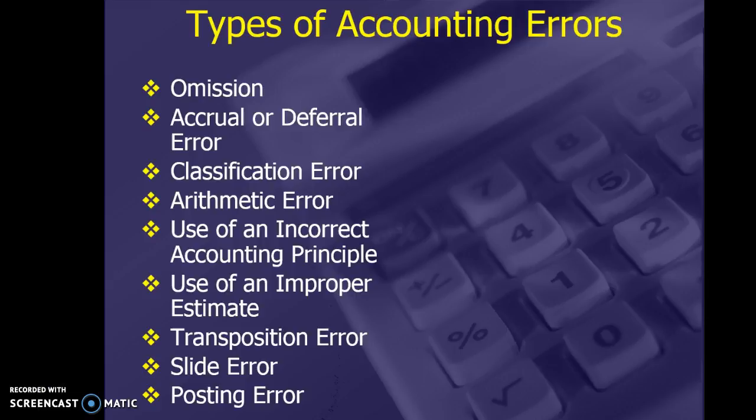To play off that last one a little bit, we know that our double entry system of accounting, where debits have to equal credits, is a form of error check. That's one method we can partially rely on to ensure that we've recorded things correctly, so that we know they're in balance. But as we saw with posting errors and slide errors and even transposition errors, it's not foolproof.